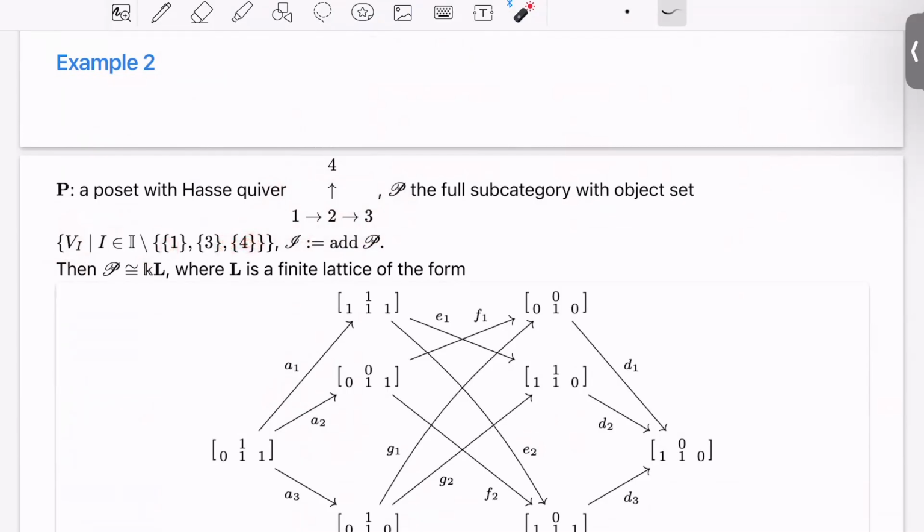And then let I be the additive closure of curly P. So this P is this one, and then this P becomes KL. L has this form. So they are all intervals, and these morphisms.